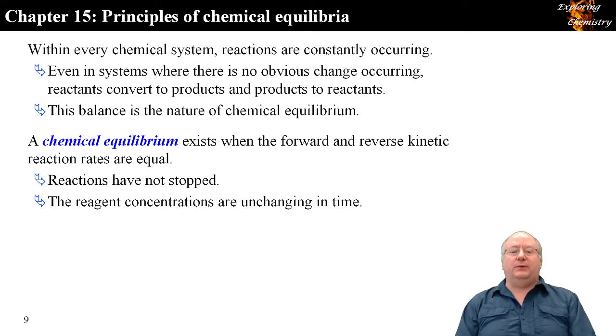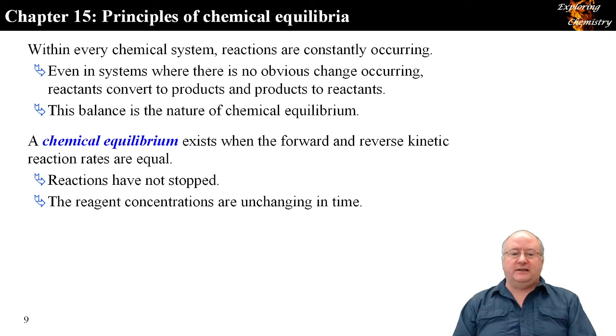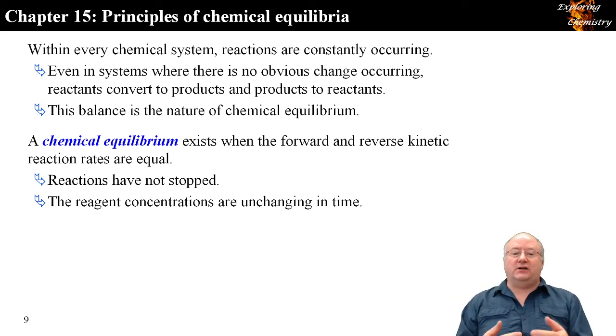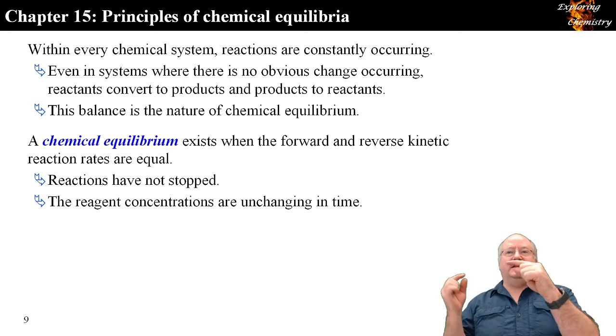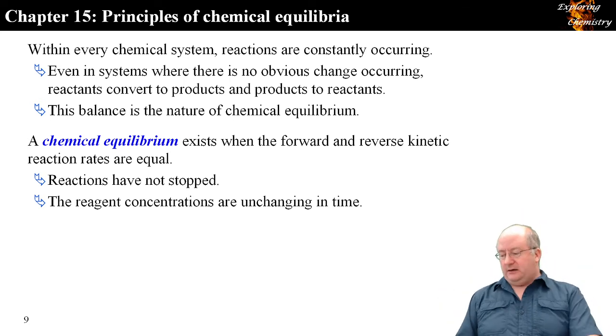So a chemical equilibrium exists when the forward and reverse rates are equal. And we just did kinetics, so we can express the forward rate and the reverse rate. The reactions have not stopped, but the reagent concentrations are unchanging in time. We're using up reactants at the exact same rate that we are regenerating them.